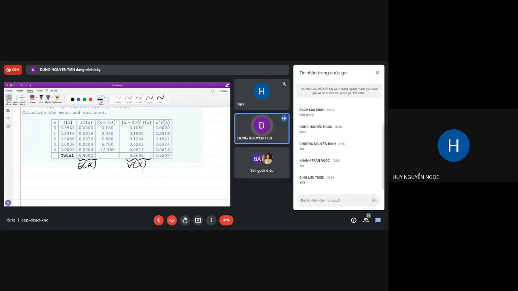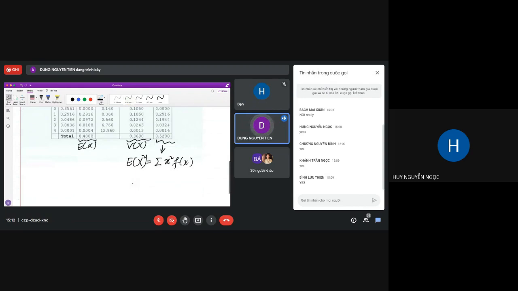Now I want to discuss the last column. What is the last column? The last column gives you the values of x squared times f(x), where f(x) is the probability mass function of the random variable. And you come up with the number 0.52. What is that? This value is the sum of x squared f(x). And do you remember? This is simply the mean of x squared, correct? So I can say that the second moment is 0.52.